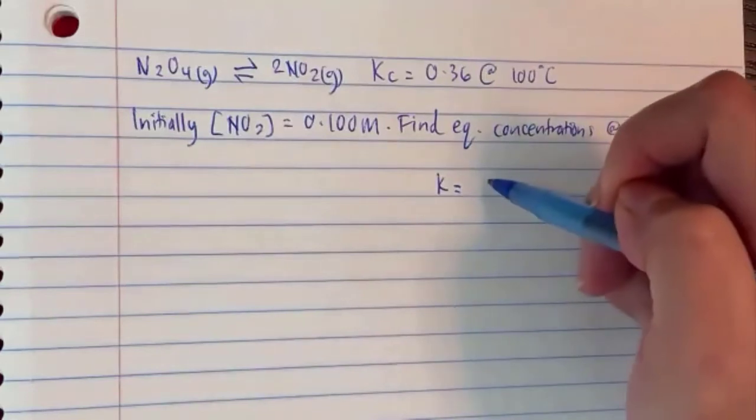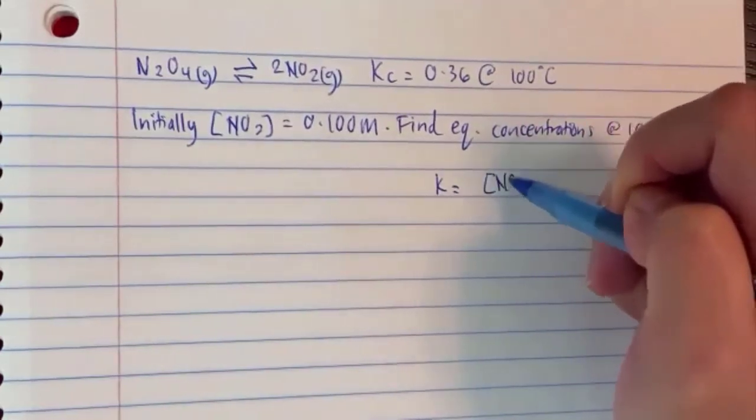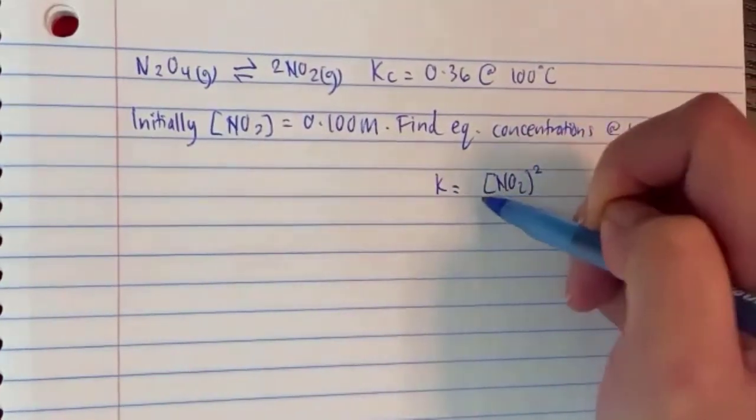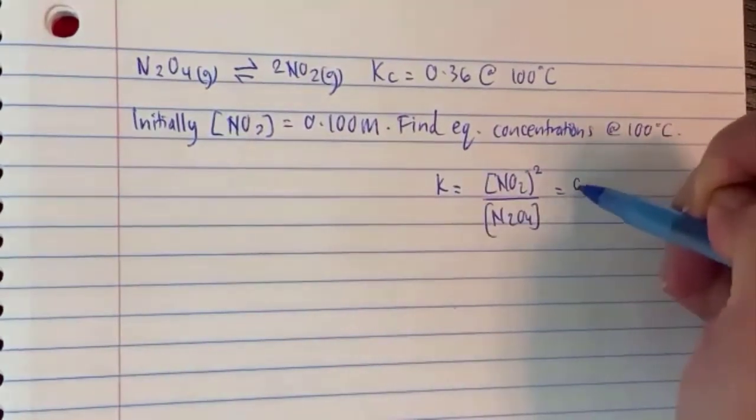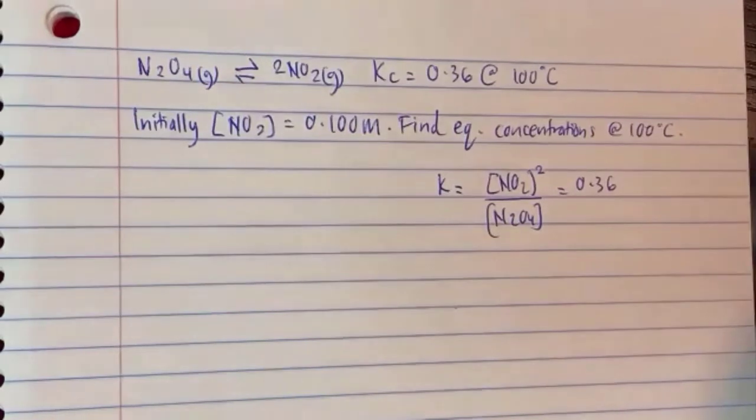So my K formula here is NO2 squared divided by N2O4. And that equals 0.36. Okay, so when that equals 0.36, let's go ahead and set up our ICE table, okay?